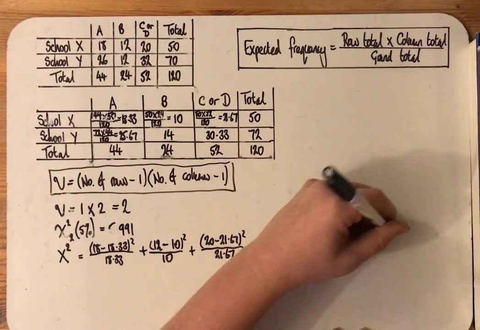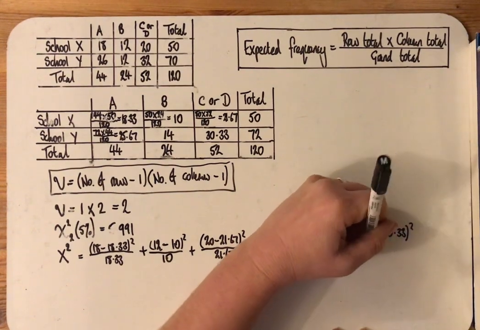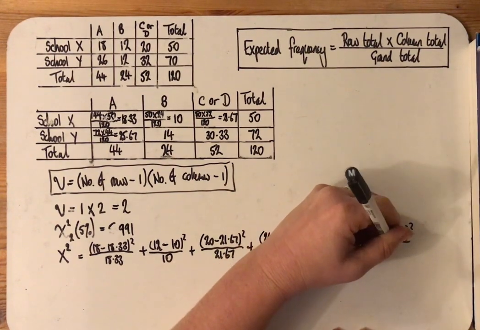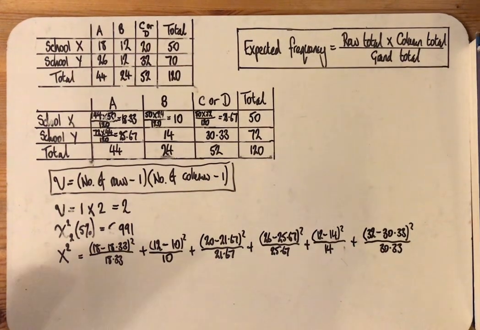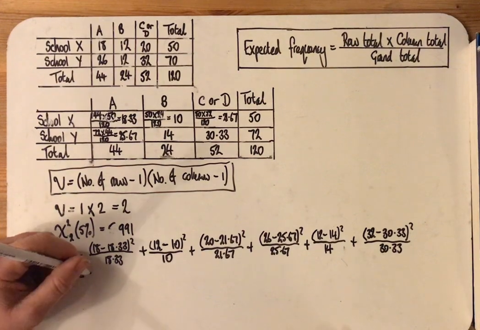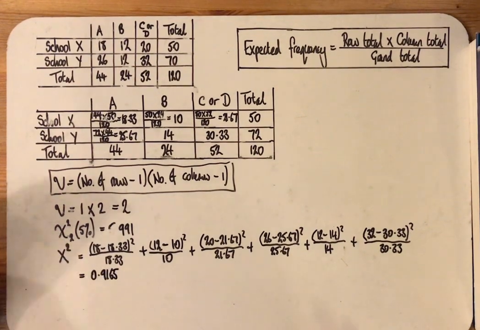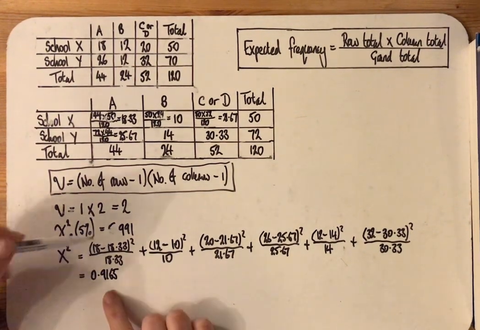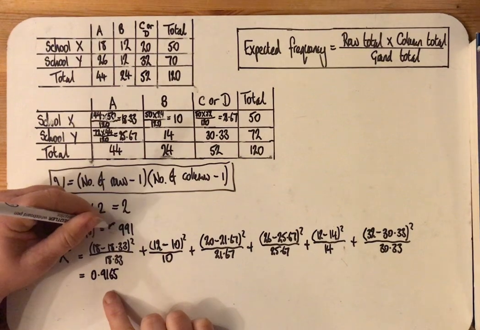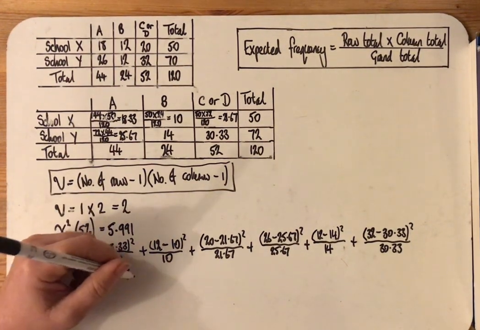And then 32 minus 30.33 squared over 2.33. If you chuck all that into a calculator, you should get 0.9165. She says with confidence. And then that is comparing with the critical value, which is 5.991, and it's less than 5.991.